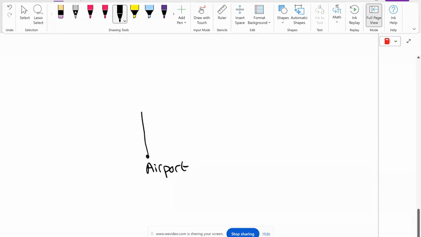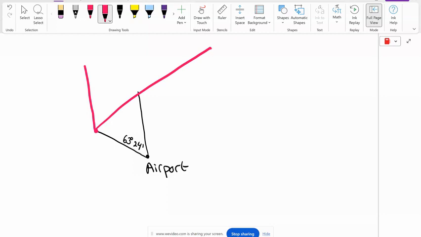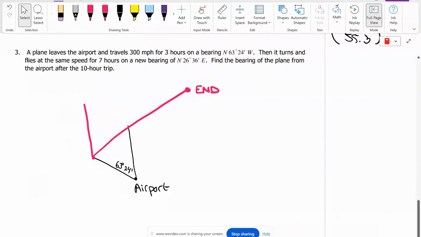So we're north, west, then we're going north, east. All right, and so this northeast, we are 26 degrees, 36 minutes.